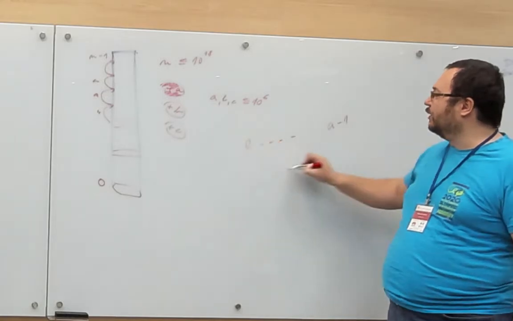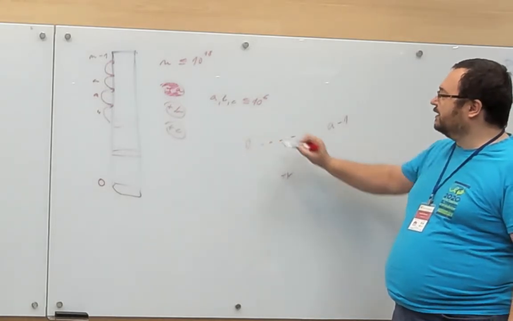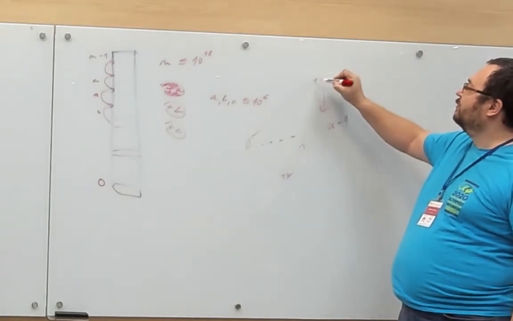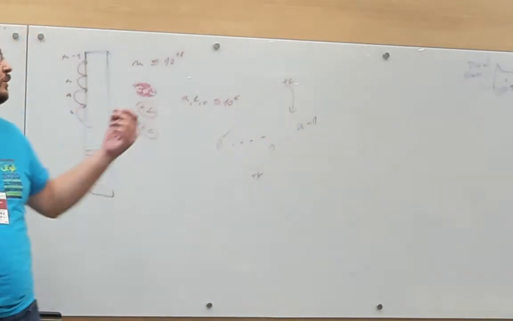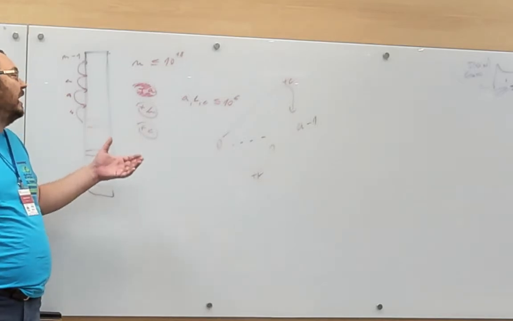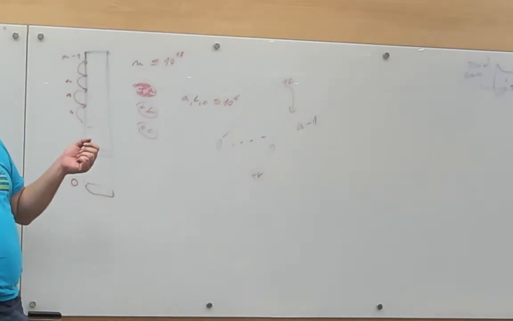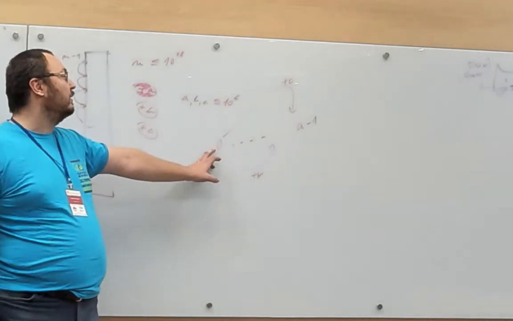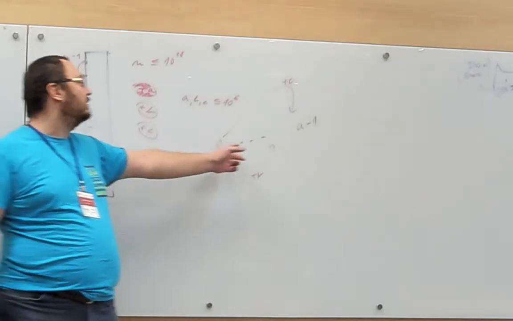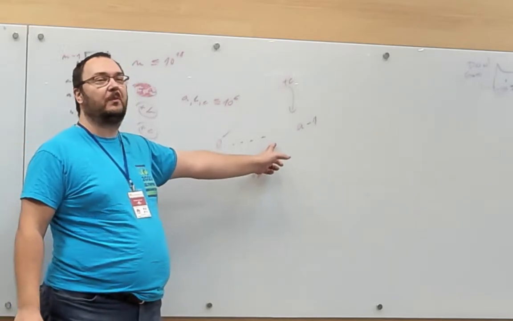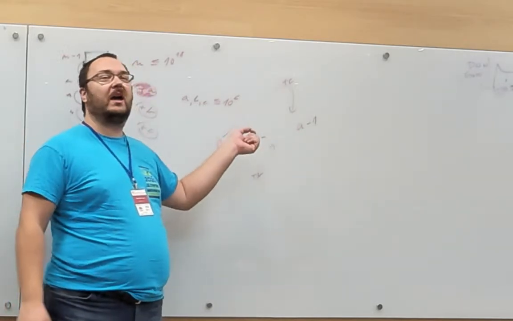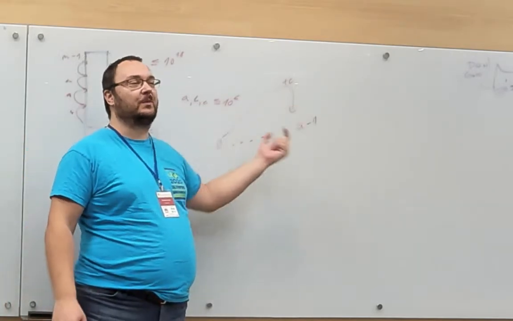You can either do plus B, or you can do plus C, and it will bring you to a different floor, and in particular to a possibly different, possibly the same remainder class. So we can imagine a very simple graph where you have vertices from 0 to A minus 1, and from each of them you have an edge going plus B, and of course modulo A, and going plus C, and of course modulo A.